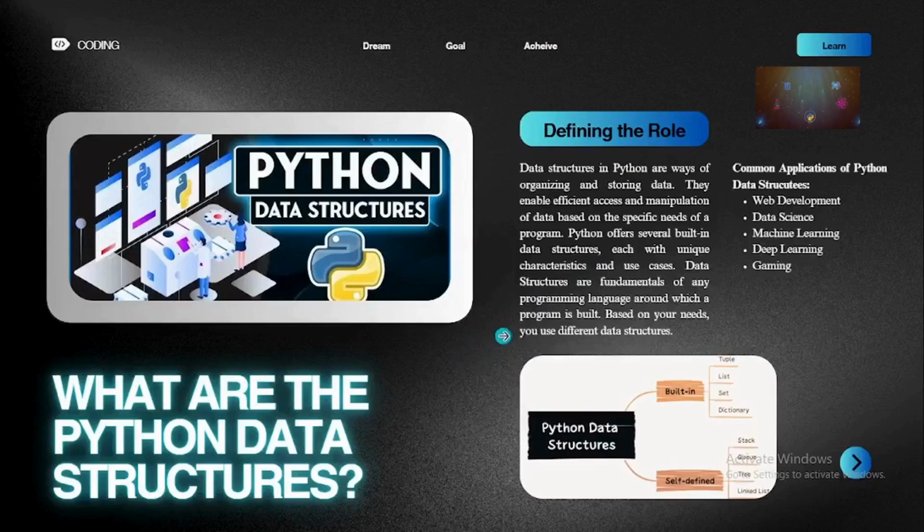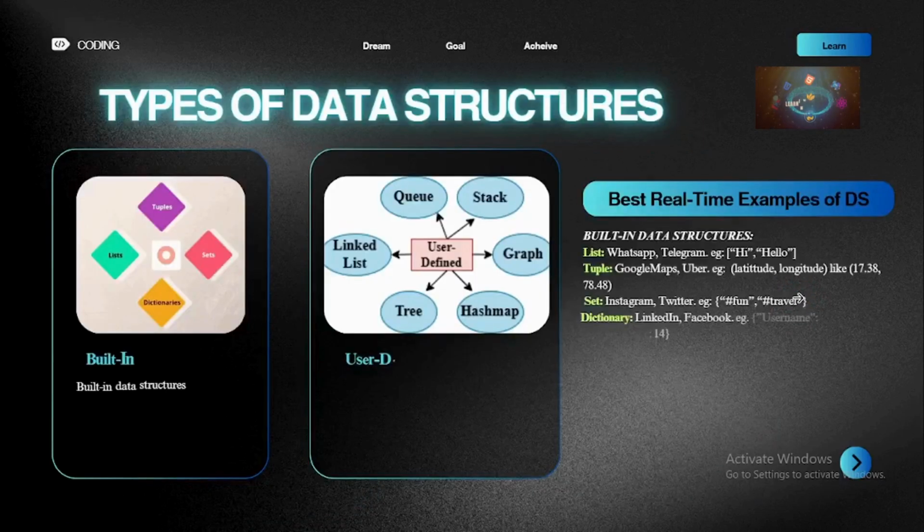It means we have a neat structure where we can easily store, manipulate and access the data. Some common applications of Python data structures are web development, data science, gaming, finance, deep learning and so on. Without any further delay, let us discuss the types of Python data structures.